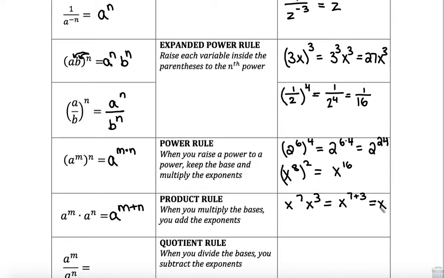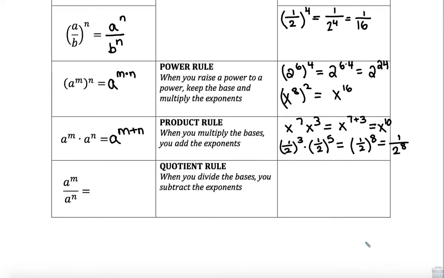That is x to the 10th. If I had 1/2 cubed times 1/2 to the 5th, I can just add up those exponents. That's going to be 1/2 to the 8th, which is the same as 1 to the 8th over 2 to the 8th.